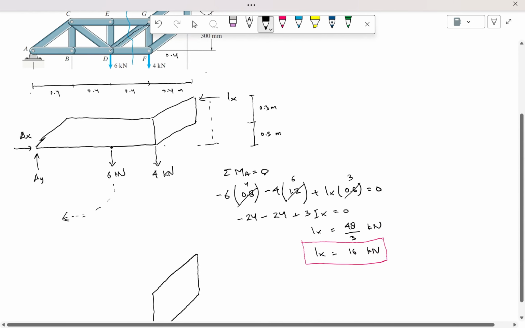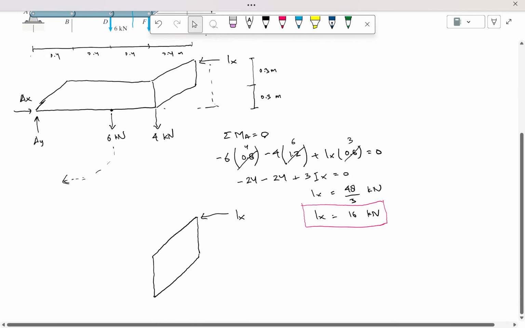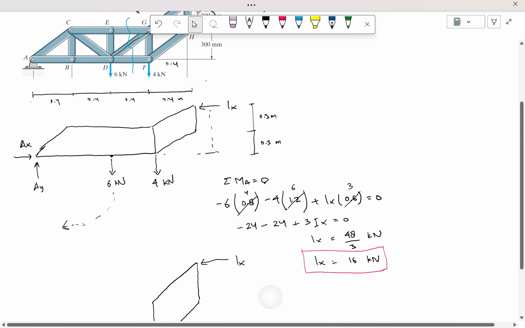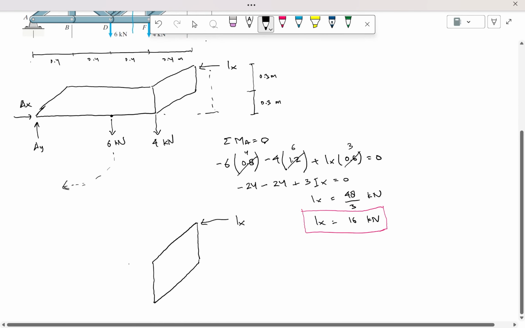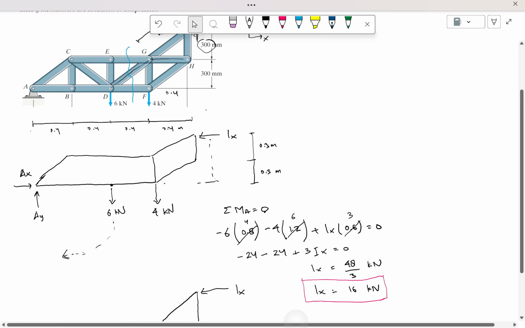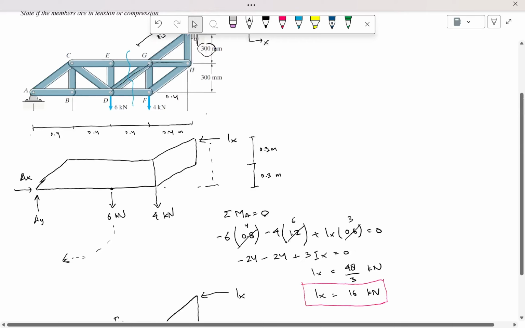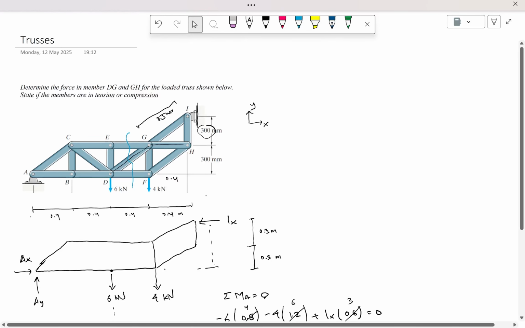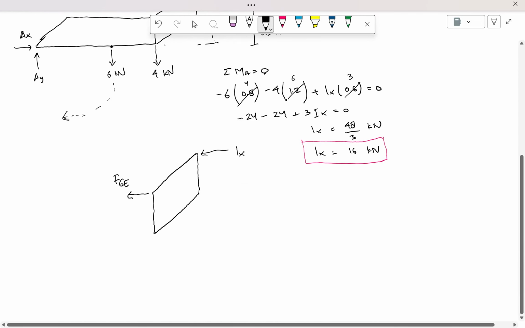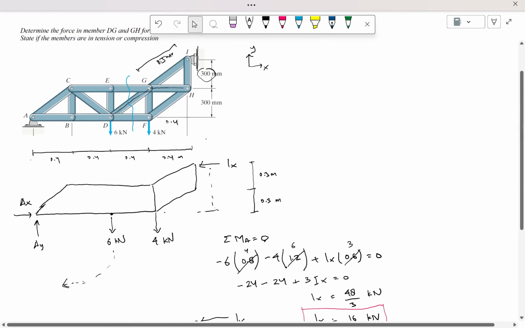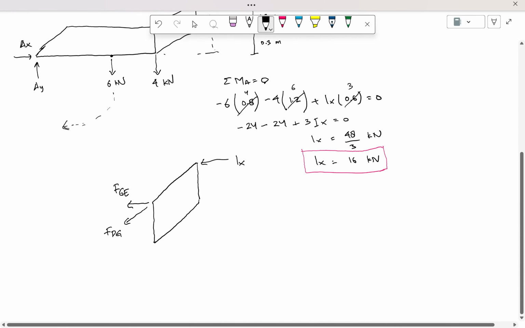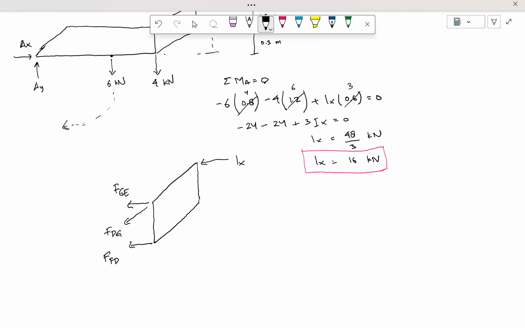And then that is Ix. And then here we have force. What is the force? FGE, and then we have the force FDG, and then we have the force FFD, right?